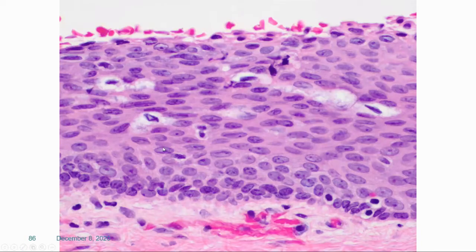You can see umbrella-like cells as well. And these very nice intranuclear grooves in the squamous cells are also very characteristic of transitional type metaplasia.